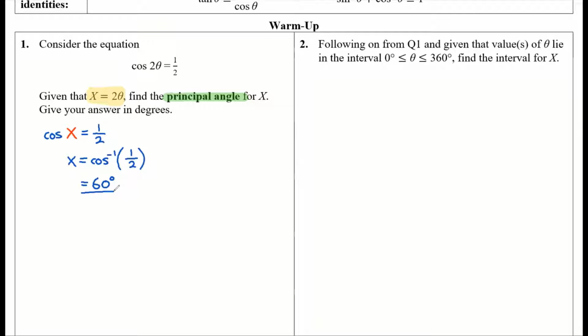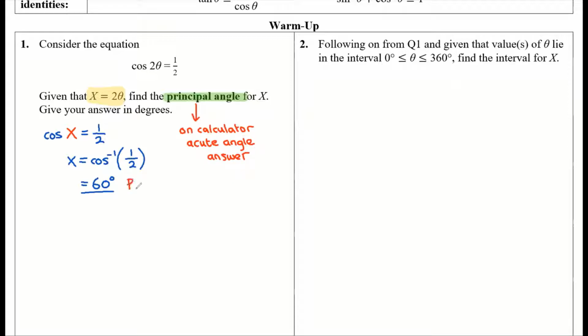So you'll only get an answer. I'm going to make a note of this because it's really important. The principal angle, on your calculator, is the acute angle answer. It's just a very crude way of saying it. So you'll always get an acute answer, and that's called your principal angle.